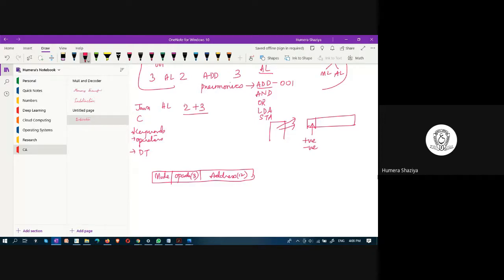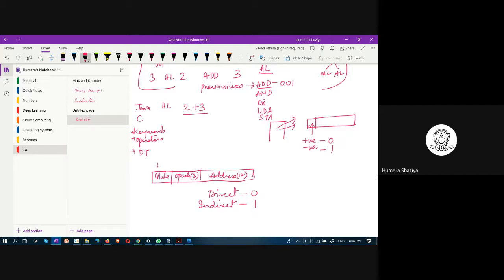Here it is not about positive and negative numbers, here it is about direct and indirect address. But the concept is the same. Here positive means 0, negative means 1. Here direct address means the mode bit would contain 0 and indirect address means the mode bit would have 1.